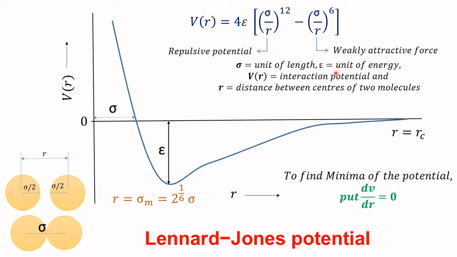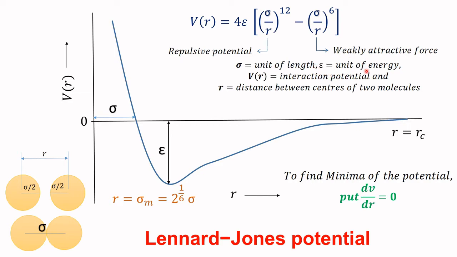Epsilon is the unit of energy and sigma is the unit of length. So whatever distance we take in the LJ potential is always written in terms of sigma, and whatever energy we calculate in our system is always in terms of epsilon.